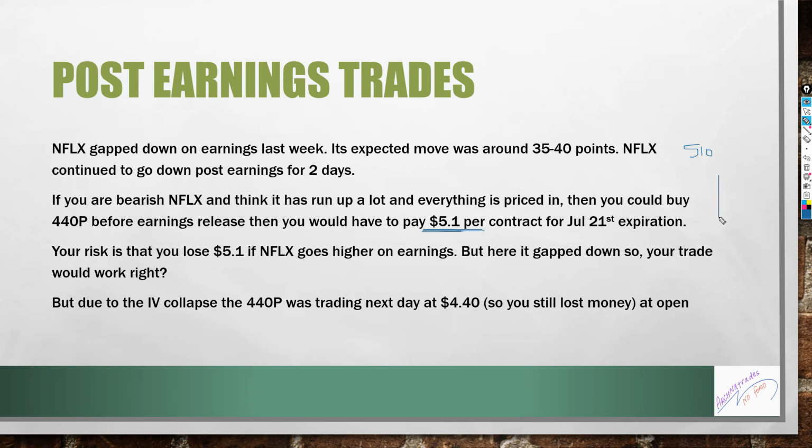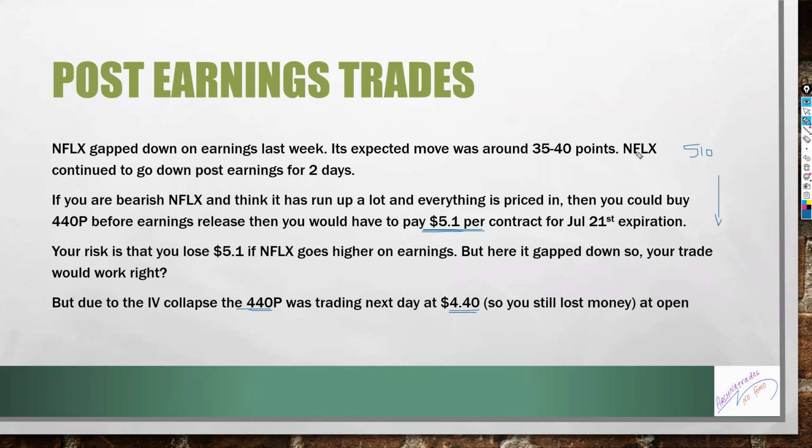Then it went down. It went down big. But early in the morning, because the IV collapsed, the same 440 put was trading at 4.40, not at 5. It went down in your direction, right? It was not trading at $6. It was not trading at 7. It was not even trading at the 5.10 that you bought. It was trading at 4.40. So you lost money at open.